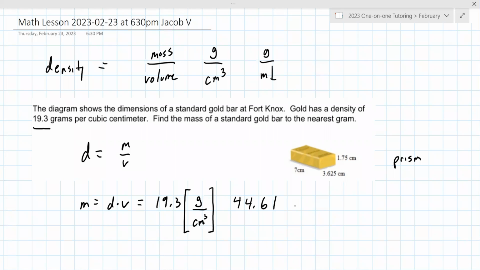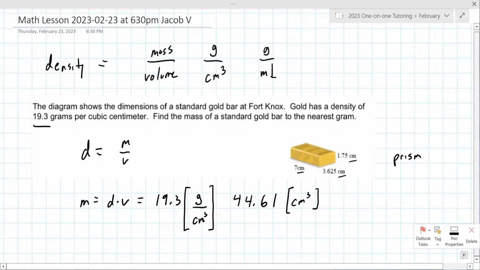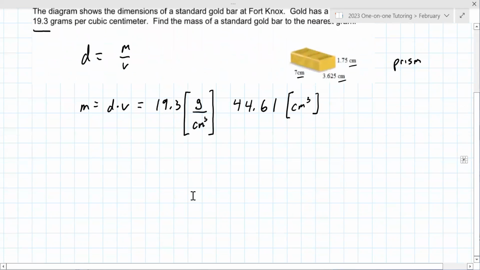And the units here, what are the units of volume in this example? Centimeters cubed. Okay. Now, we have everything we need. The mass is density times volume.